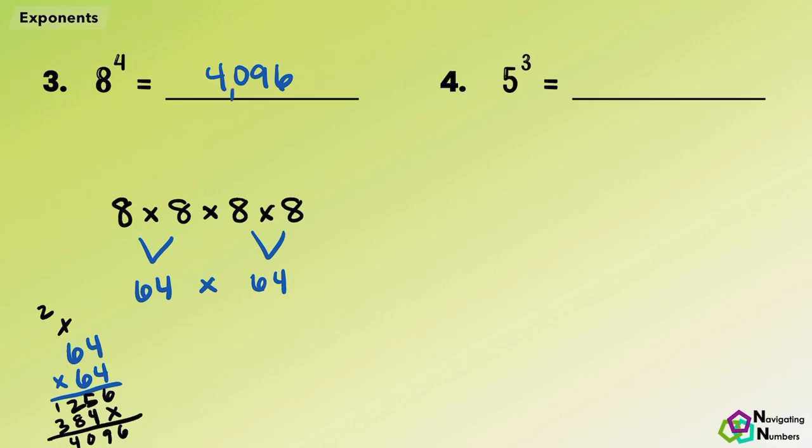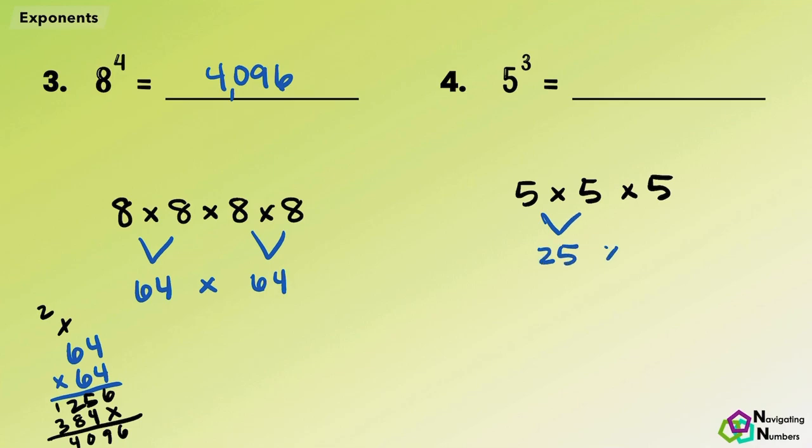Number 4, we have 5 to the power of 3, which means we should see the base 5 3 times. 5 times 5 times 5. Please don't confuse it with 5 times 3. That is not how exponents work, okay? So it's repeated multiplication. We see the base 3 times. Here we have 5 times 5 is 25.